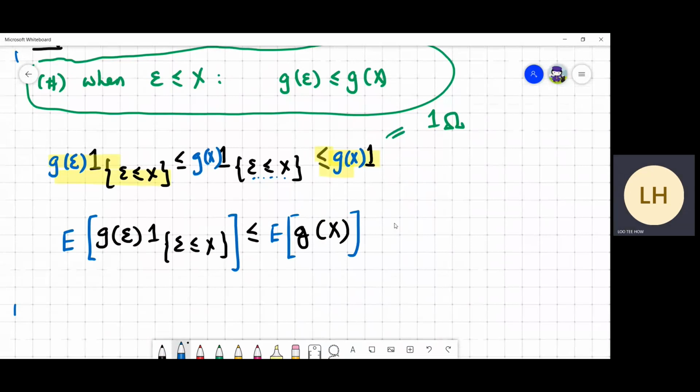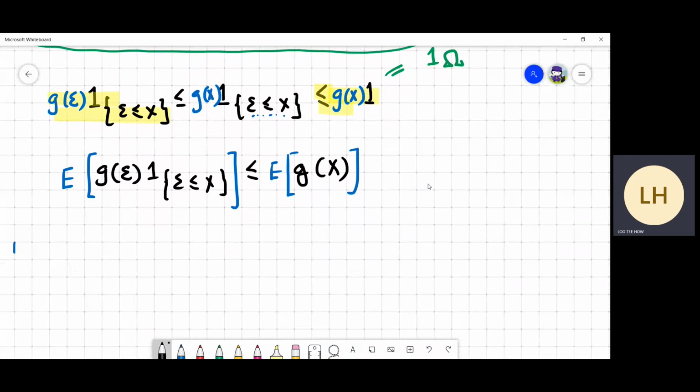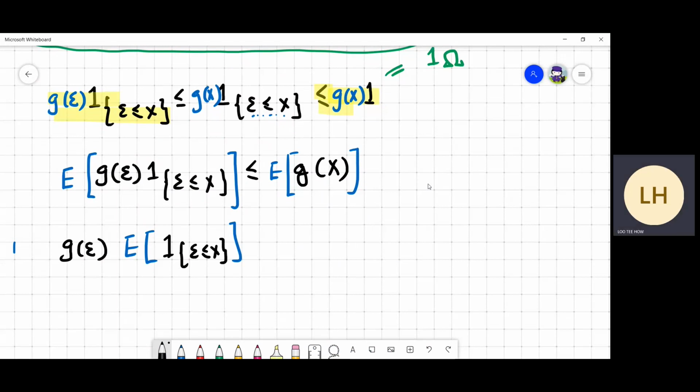Again, we use theorem 4.1.3a. We can take out the constant G of epsilon, and it becomes E of the indicator 1 of the event X greater or equal to epsilon. The right-hand side remains unchanged: the expectation value of G of X.